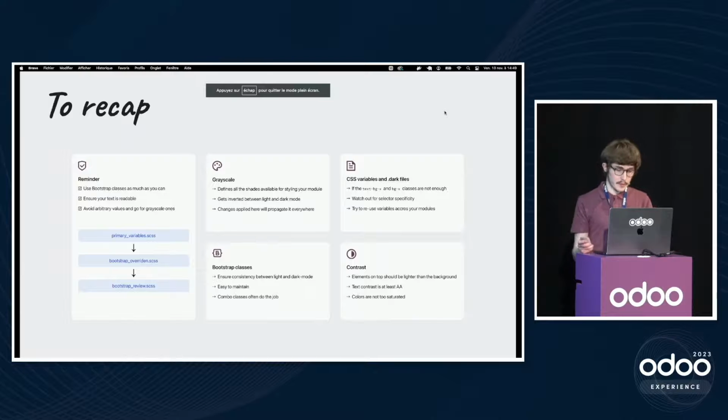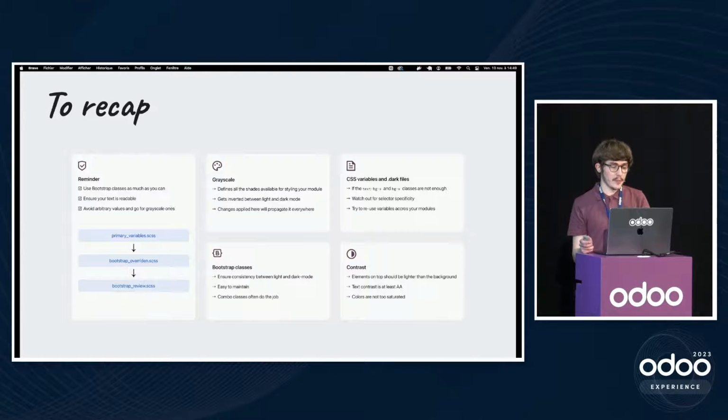Quick recap. Try to use Bootstrap classes as much as you can. We don't really provide a list of these, but you can find them in the Bootstrap documentation. So I recommend you always search within the documentation if there is a class that can achieve what you want to do. Ensure your text is readable.